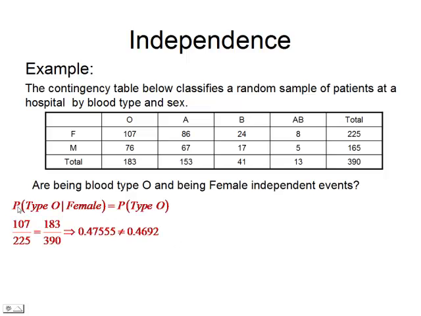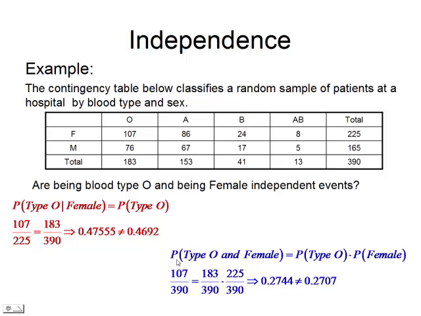According to our formula, the probability of type O given they're female should equal the probability that they're type O. So there's 107 type O females divided by 225 females, and it should equal 183 over 390, which is the probability of selecting somebody with type O. As you can see, these fractions do not equal, so therefore they are not independent events. If they were equal, they would be considered independent events.